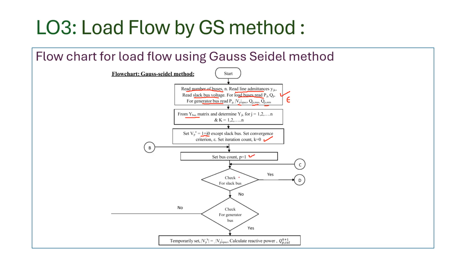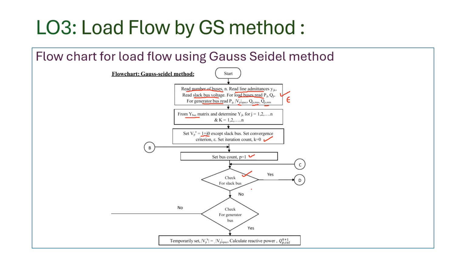Now first we have to check whether our bus is the slack bus or not. In most problems the first bus is taken as the slack bus. So sometimes we can avoid this and start the bus count as p equal to 2. There is no necessity of checking any slack bus; we can directly go to the second bus.